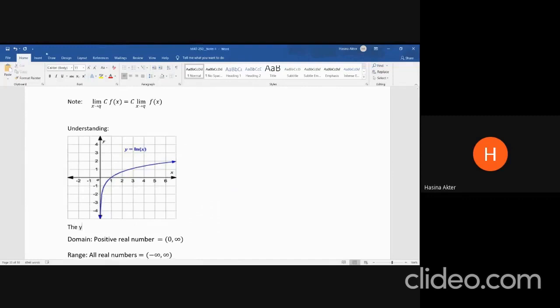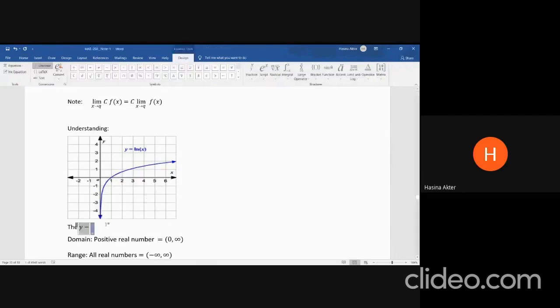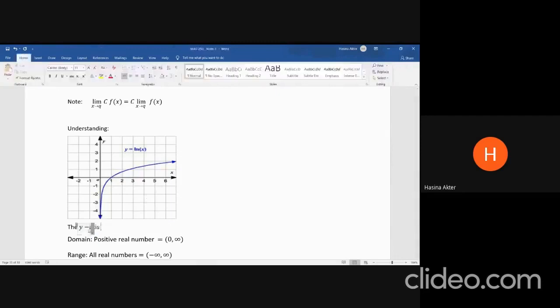So the graph will never touch or cross the y-axis. It will get really close to the y-axis, but it will never touch it or cross it.